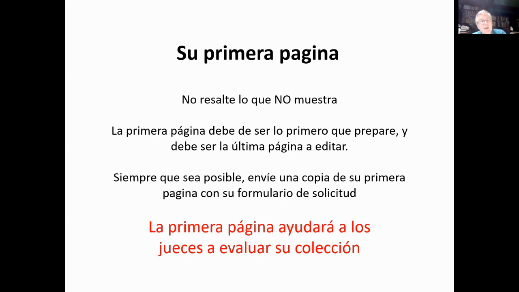The title page helps the judges evaluate your exhibit. So I can't emphasize enough that preparing that title page ahead of time, getting it into the judge's hands as soon as possible, is really only to benefit you, the exhibitor.